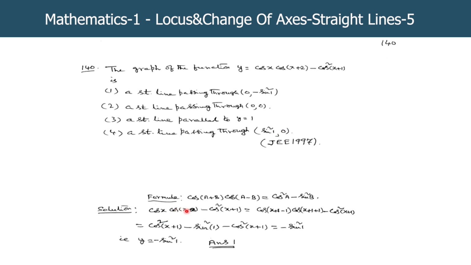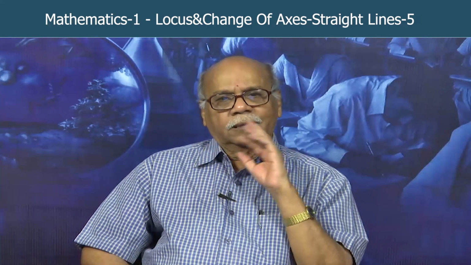Now you know that cos a plus b into cos a minus b is always cos square a minus sin square b or cos square b minus sin square a, whatever may be. That is a fundamental trigonometry property, because cos a plus b is cos a cos b minus sin a sin b, and cos a minus b is cos a cos b plus sin a sin b. So x plus y into x minus y is x square minus y square.